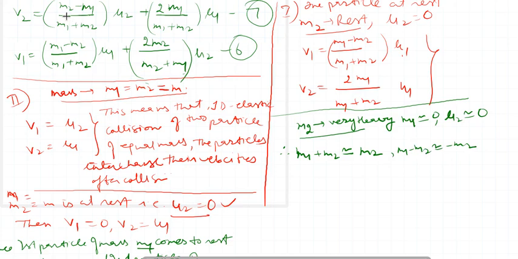And similarly, m2 minus m1 is nearly equal to m2. So that means V1 will be equal to minus U1, and V2 will be equal to 0.